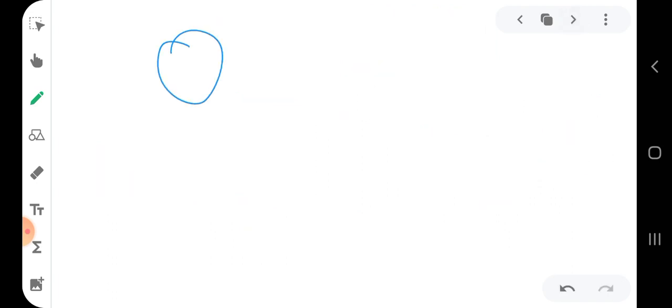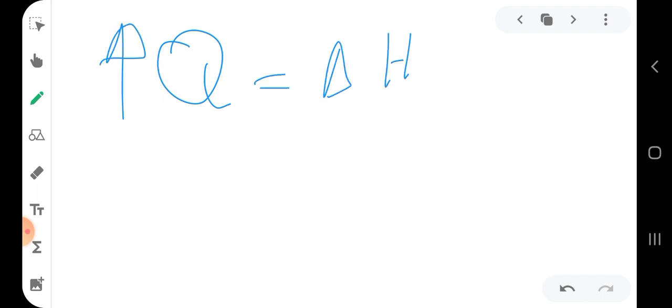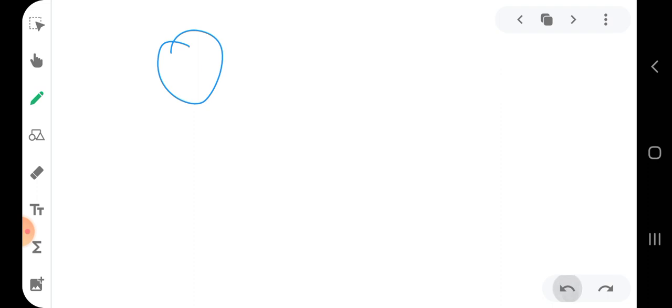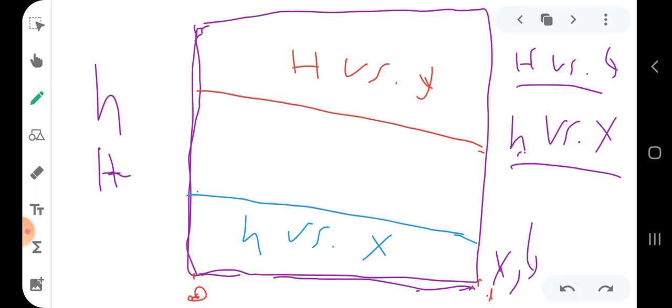And you know from thermodynamics that Q is equal to delta H. So as you heat, the enthalpy will increase. So that's why the enthalpy line of the vapor phase will always be above the enthalpy line of the liquid phase. So this is the first step for using the Ponchon Savarit method.